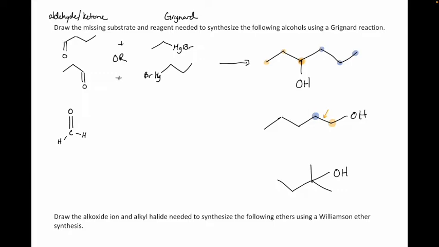This is called formaldehyde. If you ever dissected anything in biology, you no doubt got a good whiff of this stuff. It's not terribly pleasant, but nonetheless, that's going to be our aldehyde in this case. And our Grignard will then be these 1, 2, 3, 4 carbons right there.